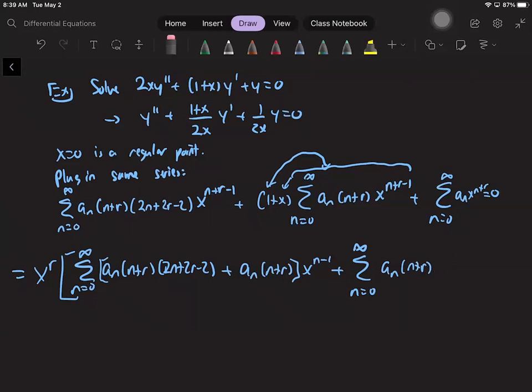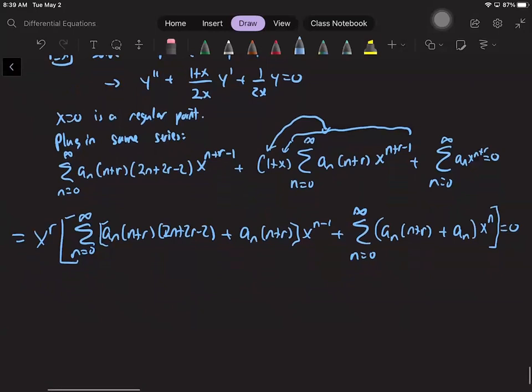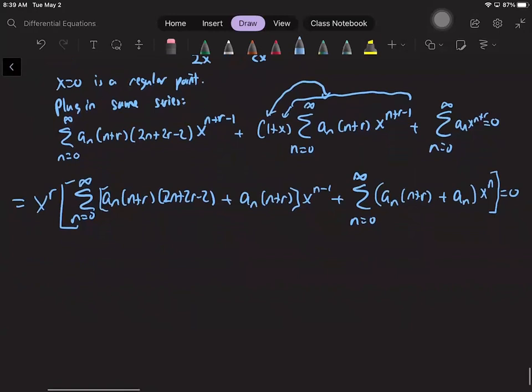So they're both x to the n, so I can go ahead and write them like that. Okay. So again, I have to subtract 1 from the index to add 1 so that they're all x to the n. So I'm going to do that again.